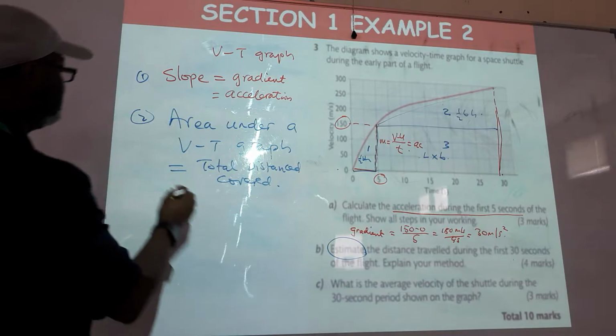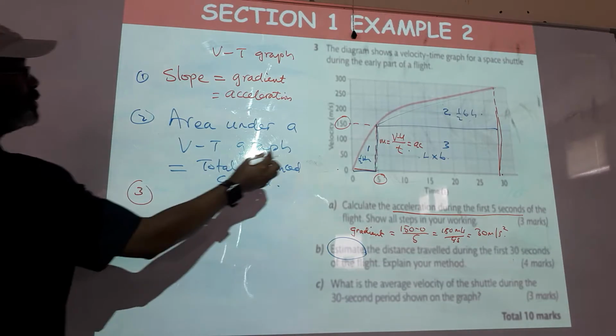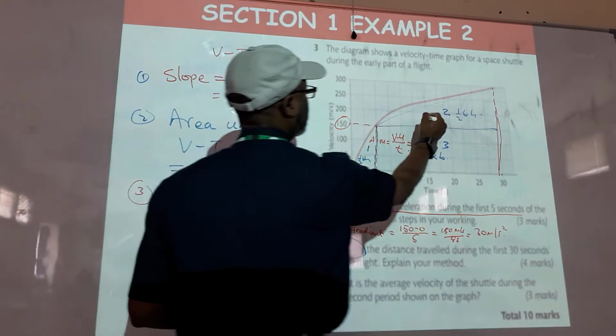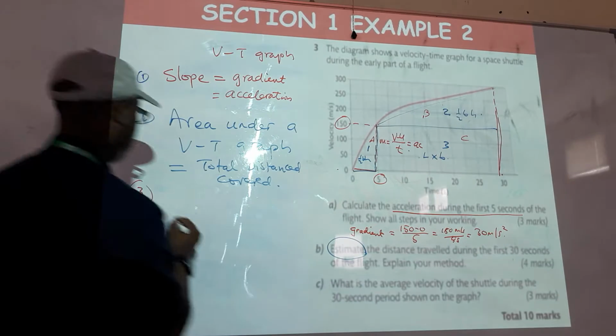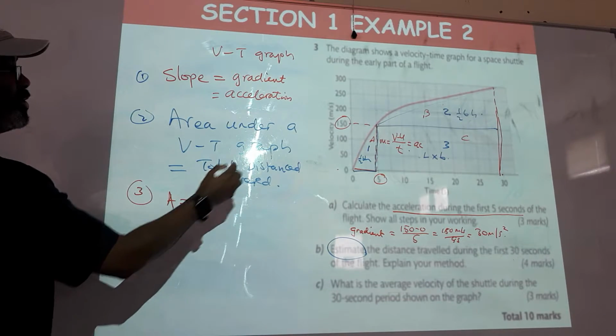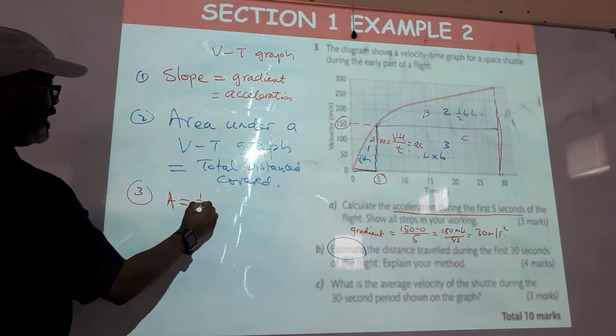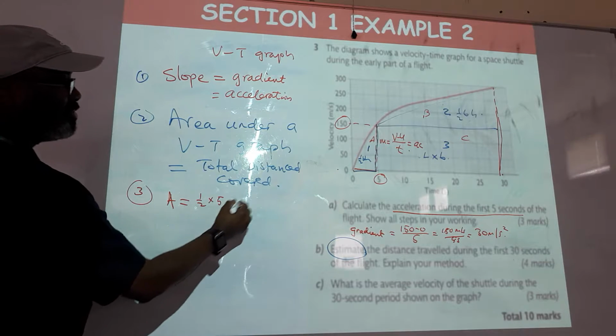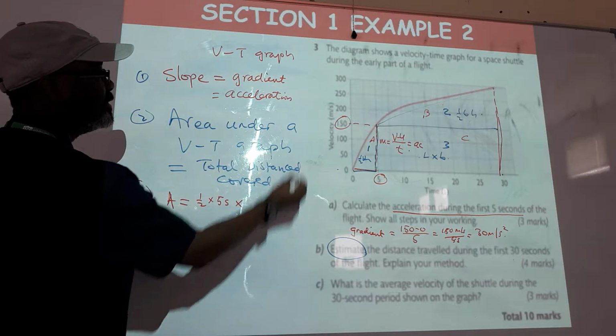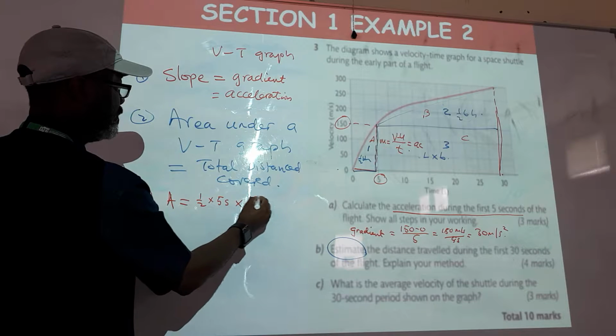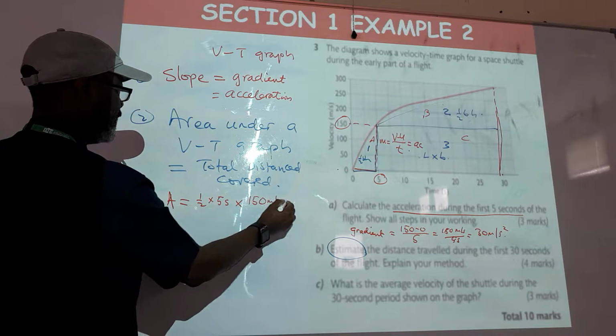Now, what do we get? For the first part of the graph, if I say this is A, this is B, this is C, my A will be half times 5 seconds times 150 meters per second.